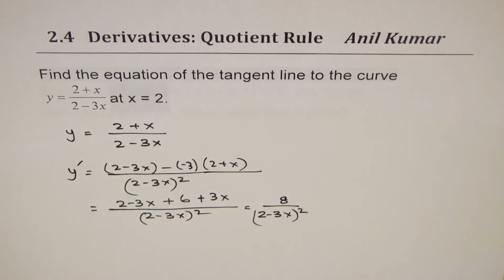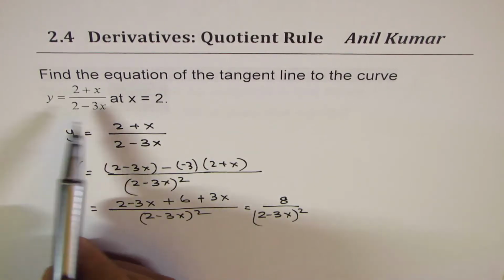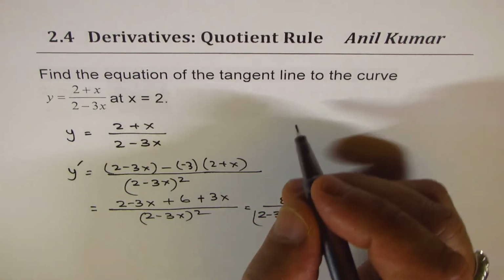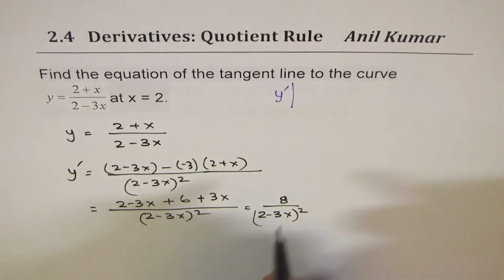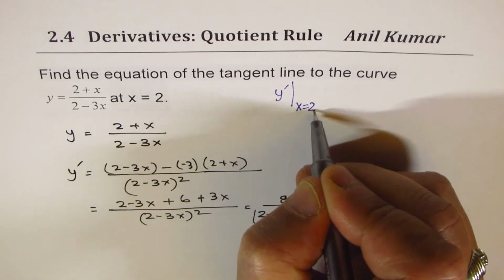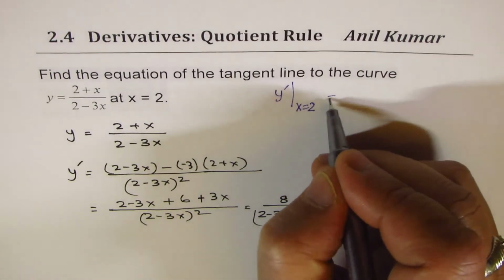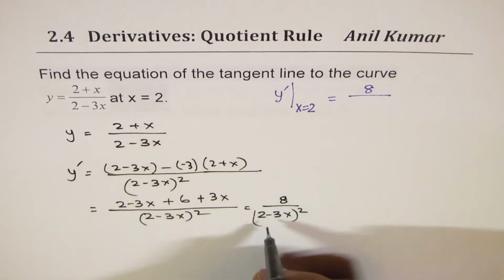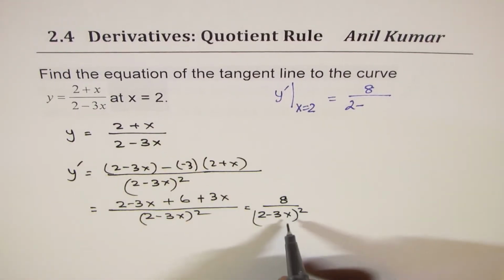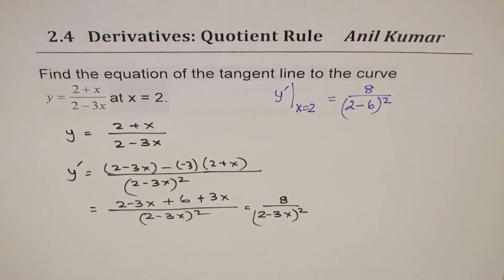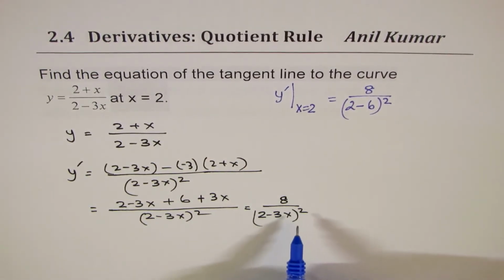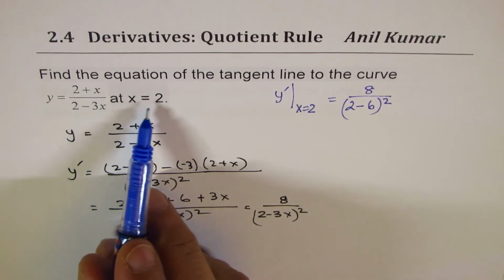Okay? We really want to find derivative at x equals 2. So what we have here is y dash, we evaluate at x equals 2. So if I write 2 here, I get 8 over 2 minus 2 times 3 is 6, whole square. Perfect. Now you should also find what is the y value at x equals 2.